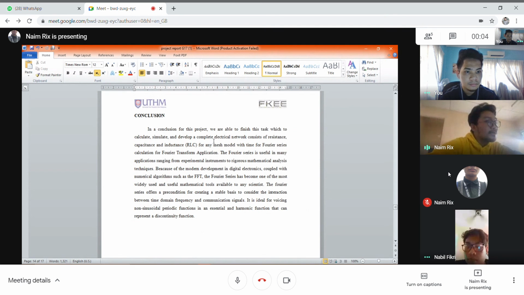Okay, so as a conclusion, in this project, we are able to finish our task, which is to calculate, simulate, and develop a complete electrical network consisting of resistance, capacitance, and inductance, which is RLC, for any mesh model with time for Fourier series calculations.